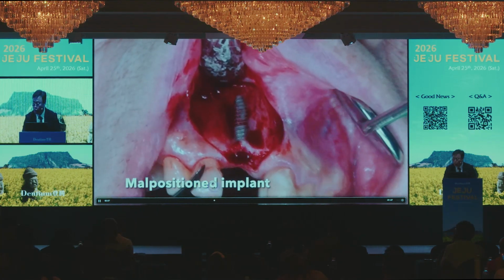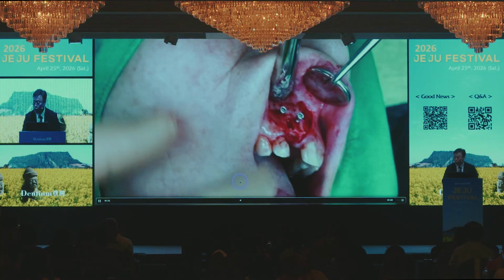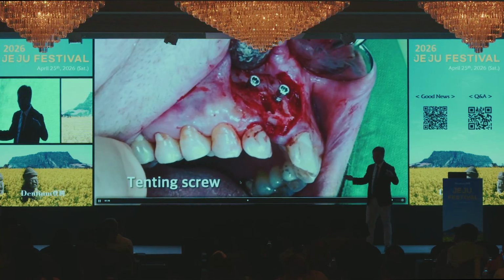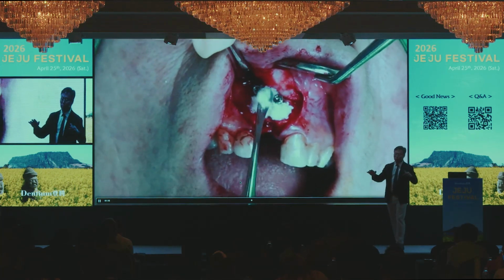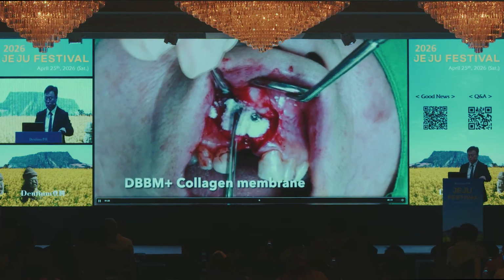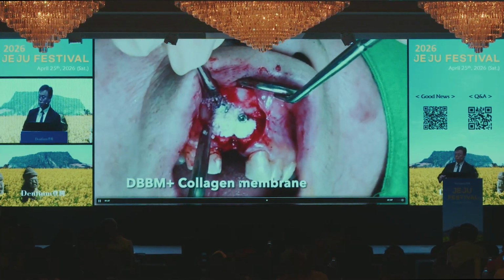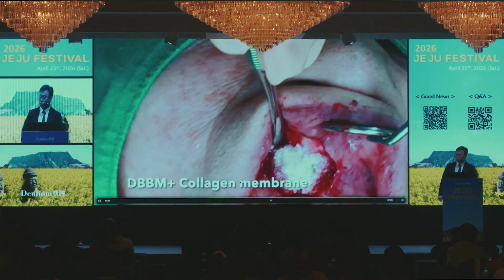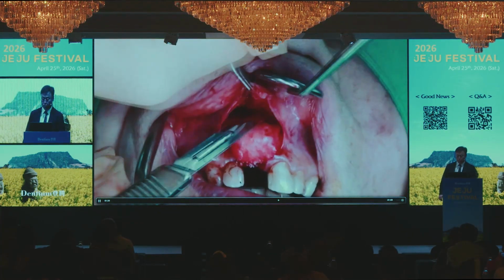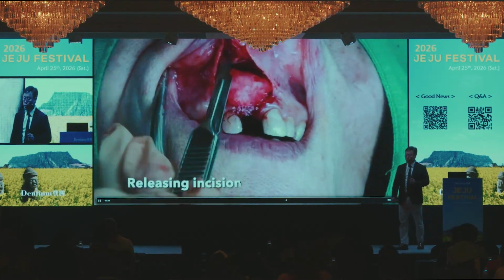See, we had to remove the implant and place the tent pole for the space making, and also apply the bone graft and membrane stabilization. And also flap advancement for the primary closure.